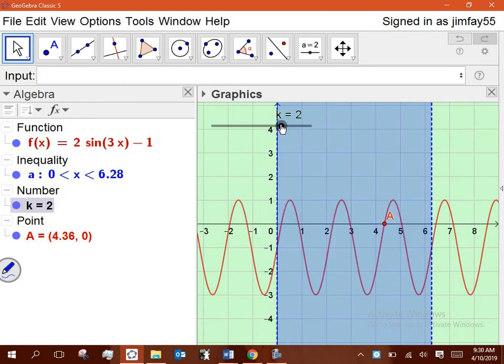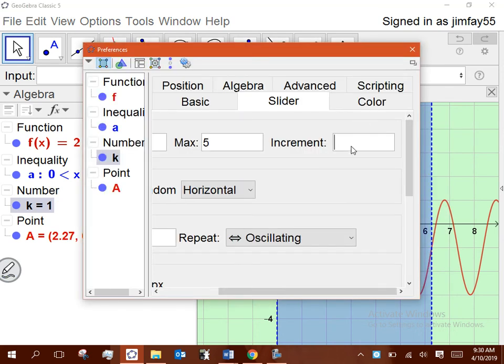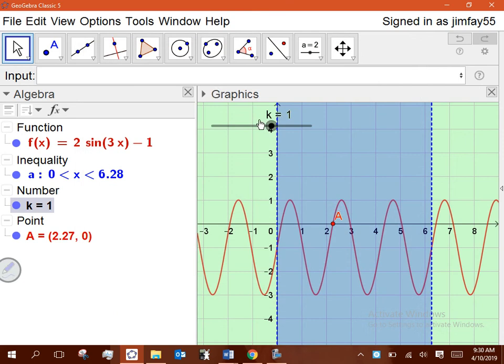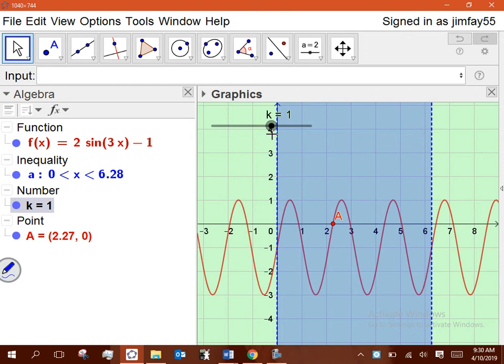So let's just let k be an integer now, so we'll make this increment by 1. And as we work through, there's pi over 18. There's the next one. You see how they mimic each other? They're the same point, but this one is in the second cycle, right? So that was 13 pi over 18? Yeah. And then this one would be 25 pi over 18. And then once I go to the next one, you see how we jump out of the interval?